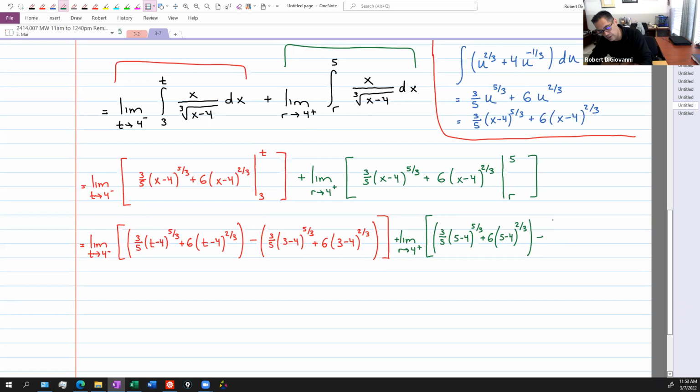And then minus, now we plug in r, so 3/5 (r minus 4) to the 5/3 plus 6 (r minus 4) to the 2/3. Did I get it all in here? I think I did.